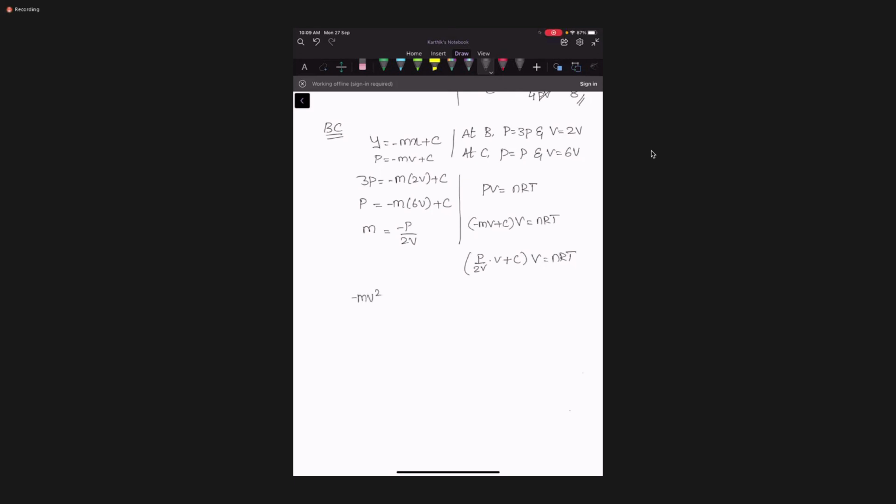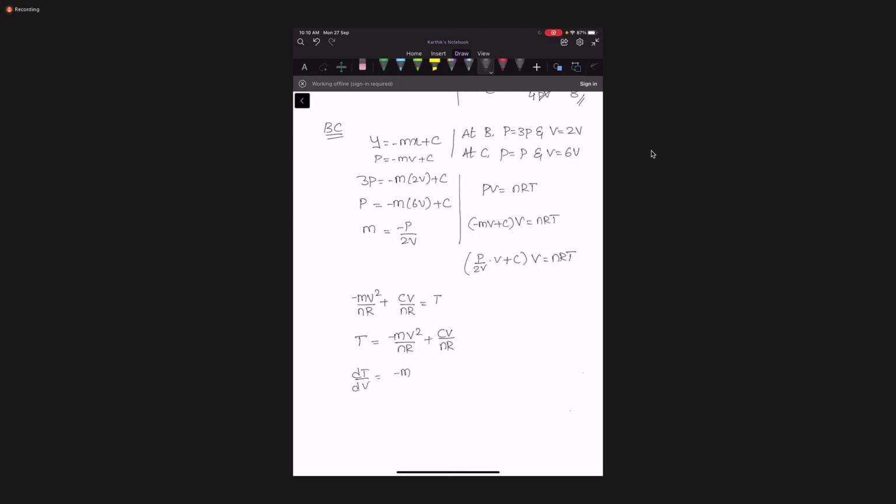Minus mv square divided by nR plus cv divided by nR is equal to T, right? So T is equal to minus mv square divided by nR plus cv divided by nR. dT divided by dv, right?